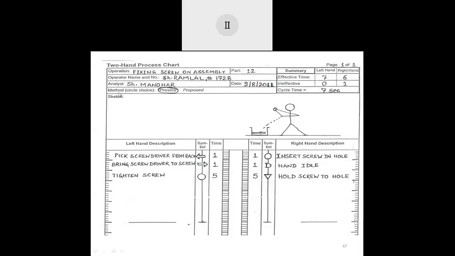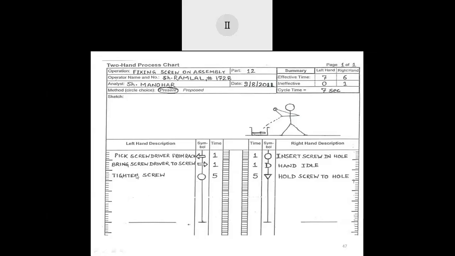The method is already available, and a simple freehand sketch can be drawn here if needed. Here you can see there are two columns, one is left hand description, another is right hand description. In the middle we have shown the activity symbol and how much time is needed or used for that activity, for both the left hand and right hand side.